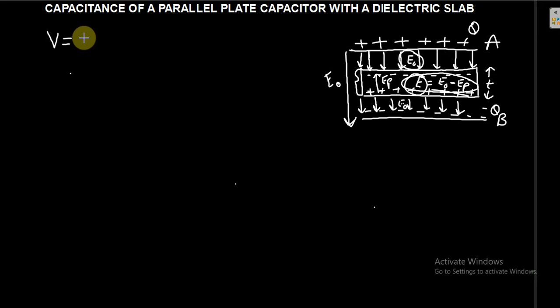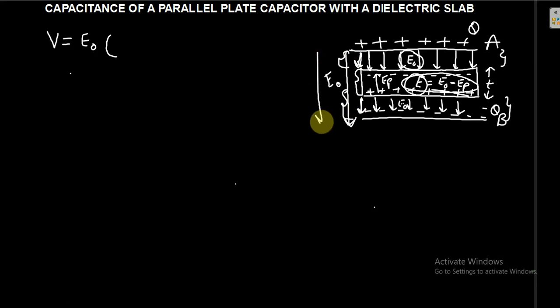First of all, the region where the E0 field is present is this and this region. So what is the length of this region? How will you find the length of this portion and this portion?